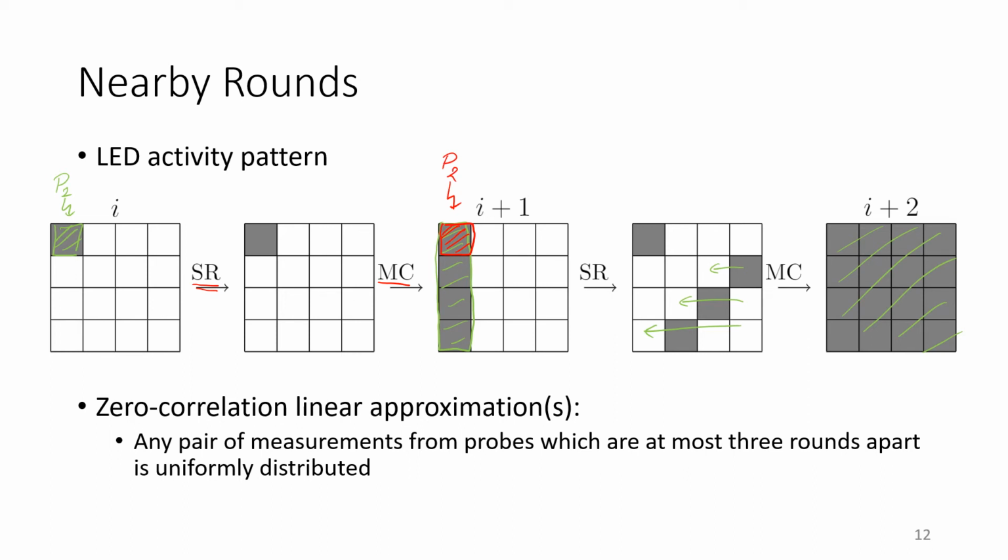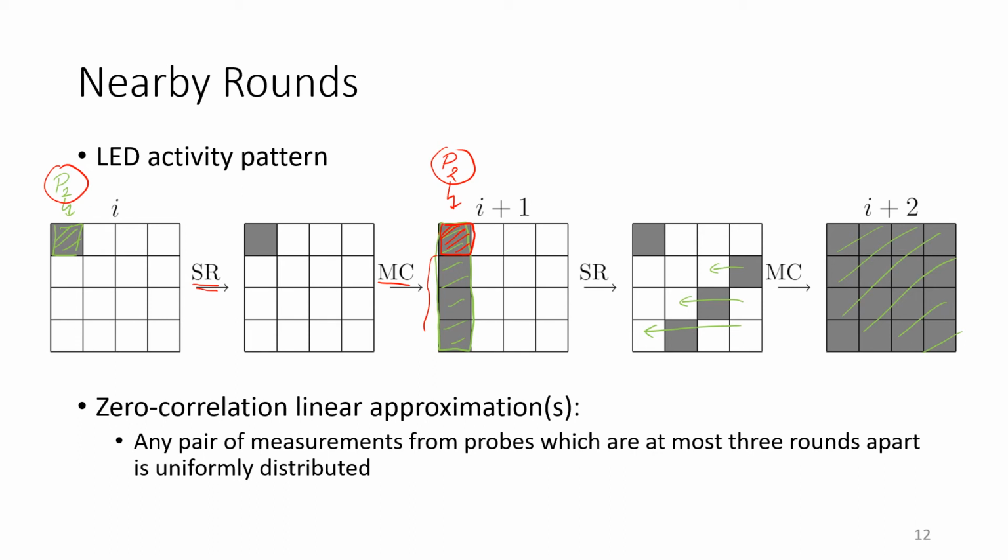Well, then, given that as output mask and P1 as input mask, we find there is a mismatch here. So we find a zero correlation approximation between those masks, which means that the values from probe P1 and the values from probe P2 are in fact not correlated, they are uniform random.